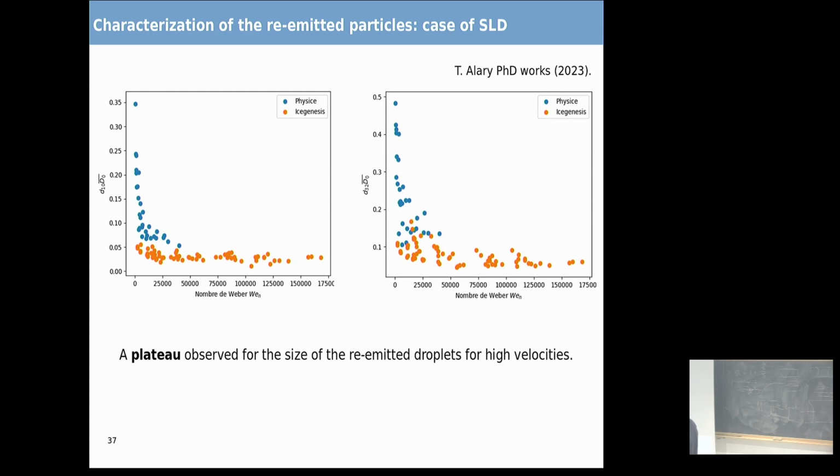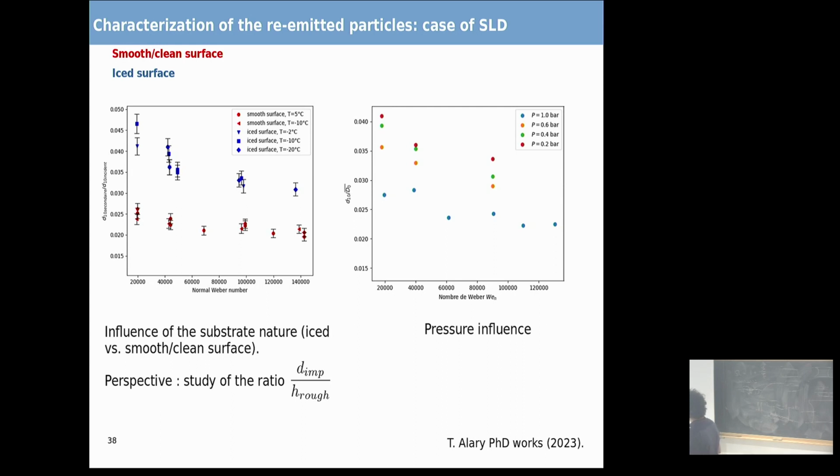Here are two databases. The first one was obtained in a project where the velocities were not so high. We thought there was a kind of plateau here, an asymptote, and it was confirmed with a new database where the velocities were quite increased. So there is a decrease of the mean diameter of the emitted particles with a plateau at large velocities.